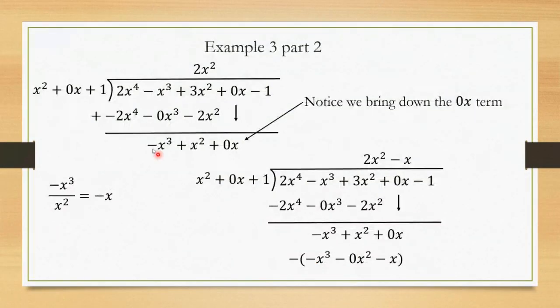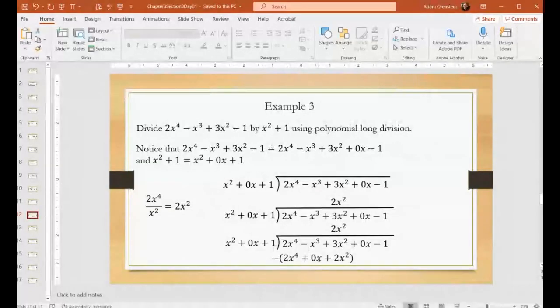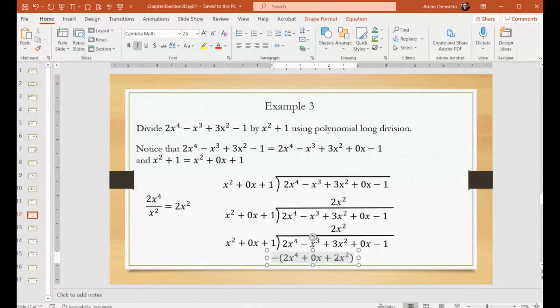So now we subtract. Again, what I like to do is with the negative, I distribute and put addition in front. So these two cancel. Negative x cubed minus, yeah, that's an x cubed. I think I forgot to put the power there. Let me just write it in. Sorry about that. There we go.